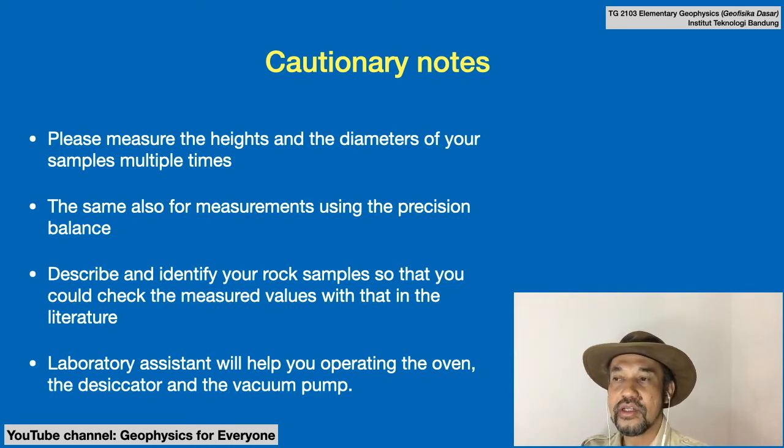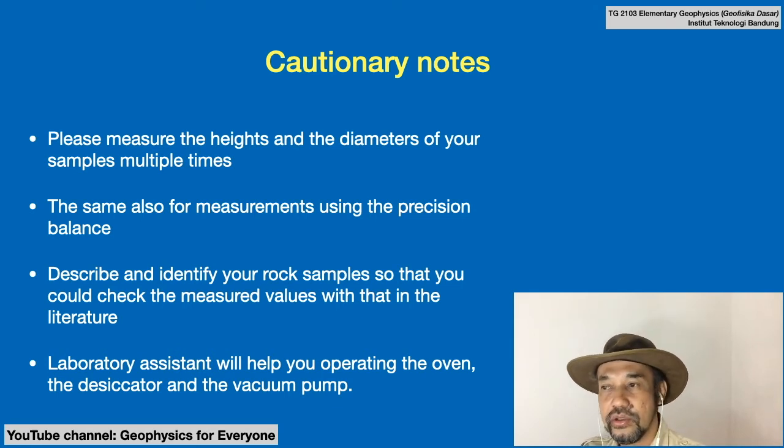And then the students are required to describe and, if possible, identify the rock samples so that they could check the measured value with that in the literature. At this moment, the students are not to be worried about operating the oven, the desiccator or the vacuum pump, because the laboratory assistant would help them with operating these instruments.